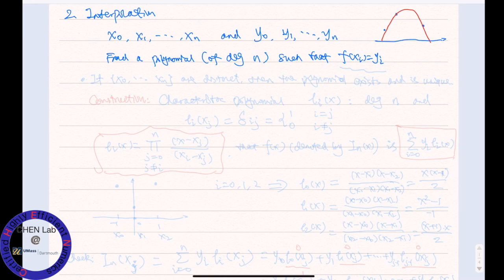And I think a few important points. One is that if the points are distinct, then such a polynomial, the polynomial that passes through them, exists and is unique, right?